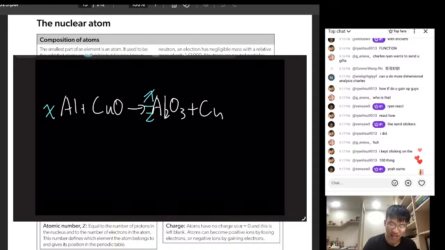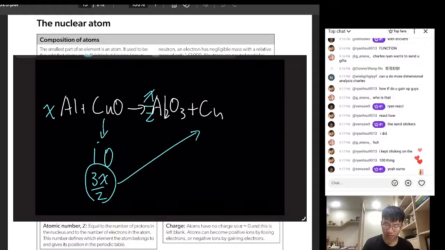But over here you will see there's one oxygen per CuO, right? One O. But you have 3x over 2 oxygens here. And if you have 3x over 2 oxygens here, you would need 3x over 2 coppers, because there's one copper on both sides. But when you're balancing an equation, you cannot have any fractions, right?